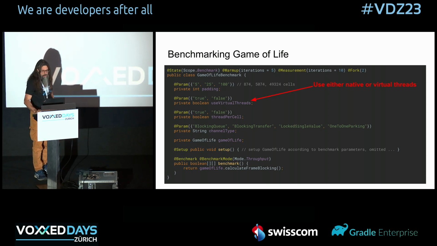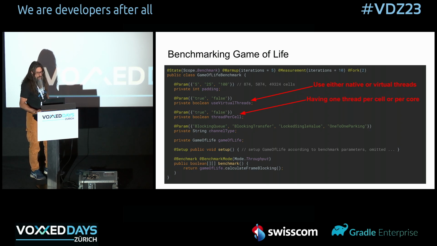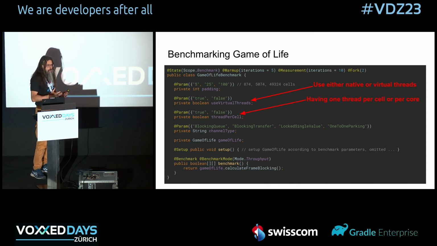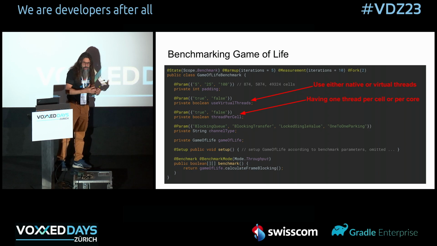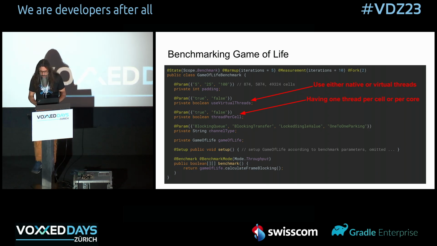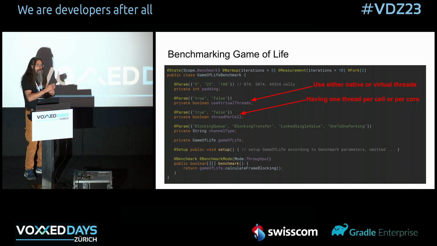I allowed using either native or virtual threads, either having 1 thread per cell as in the original implementation, or having a number of threads equal to the number of cores on my machine and grouping the cells by thread.